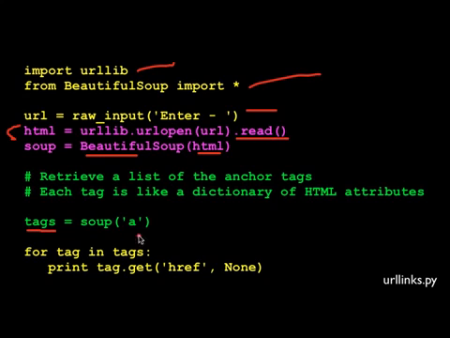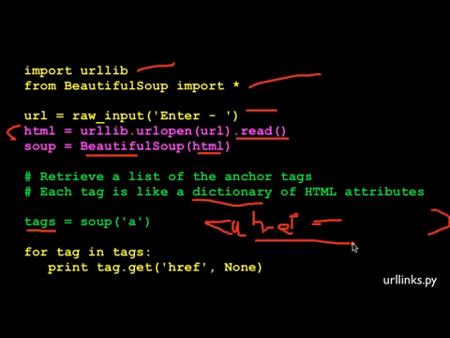So it's a list, so we have to write a for loop to go through it. So we're saying for tag in tags, and then each tag is like a Python dictionary of the HTML attributes. So if you think of an A tag, this is really ugly, href equals blah blah blah.